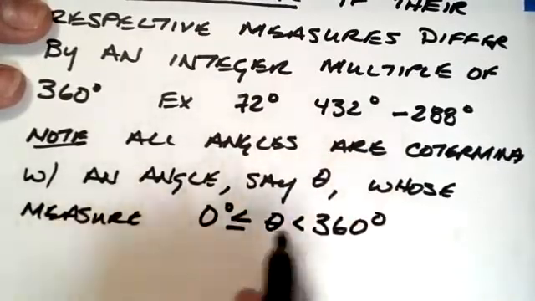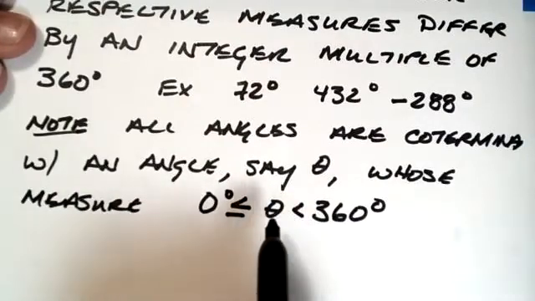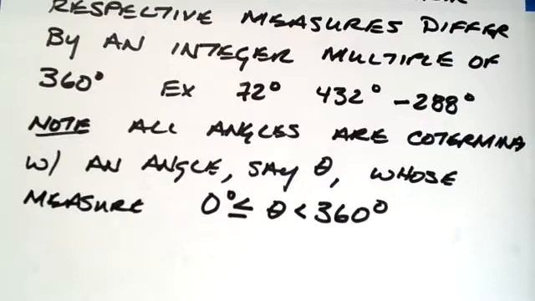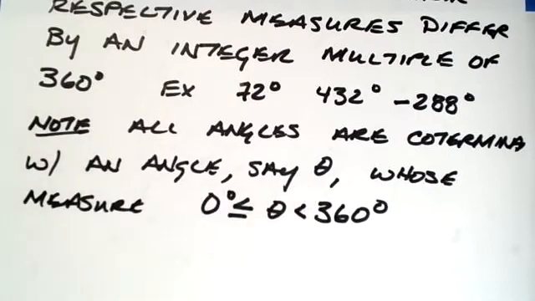And we're including 0, but not 360, because those two are actually coterminal to each other. What this is saying is that if you had an angle outside of 0 to 360 degrees, you can always construct a coterminal angle that's between 0 and 360 degrees, which is the most natural way to think about it.